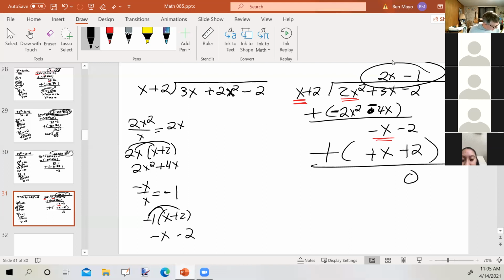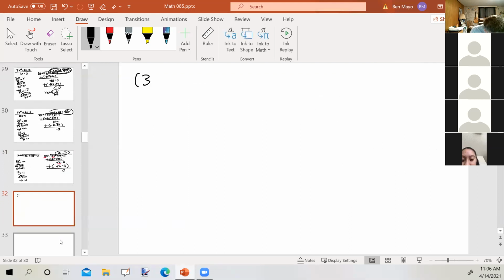All righty, let's take a look at the next one. Are you ready to go on? Okay. 3 plus 11x plus 10x squared divided by 5x plus 3.